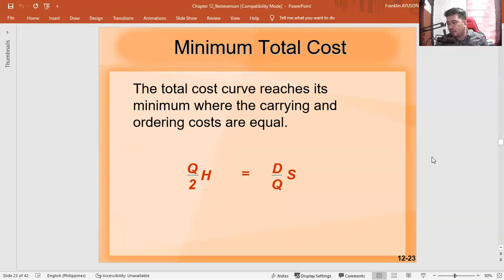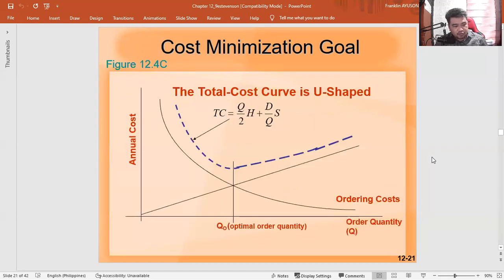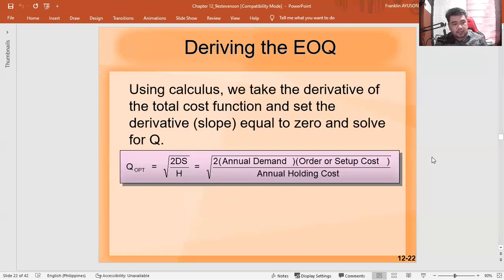Our inventory system is also supposed to support the organization's objective of making profit by lowering the total cost. The total cost curve reaches its minimum where the carrying cost and ordering costs are equal, as illustrated in our optimal order quantity.